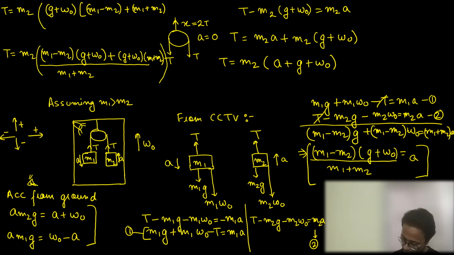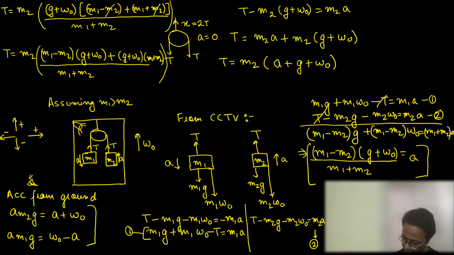See, taking g plus omega naught common from both, then m1 minus m2 plus m1 plus m2, divided by m1 plus m2. So minus m2 and plus m2 get cancelled, and m1 and m1 give 2m1.